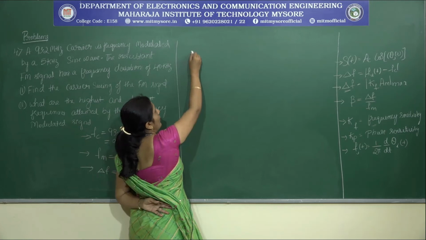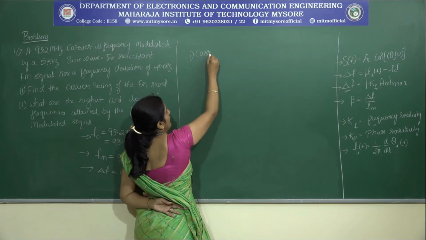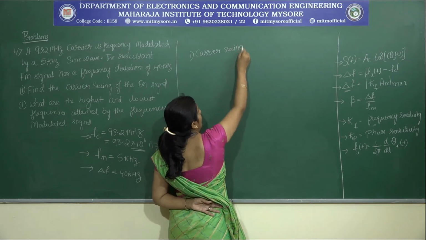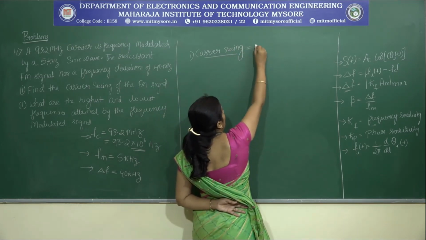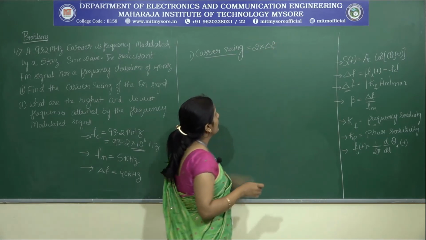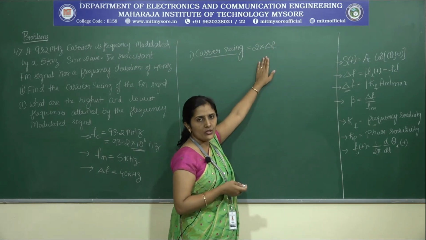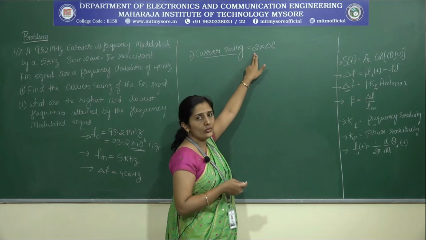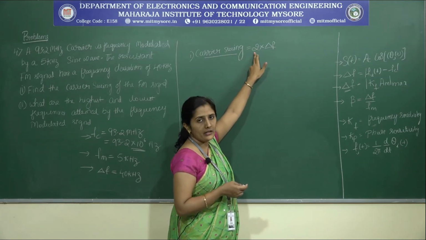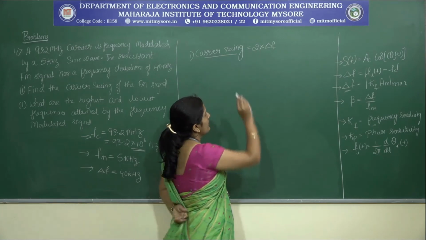So there is a formula for the carrier swing. It is given by 2 into delta F, because here delta F is the frequency deviation of the signal. Why we are going to consider 2 is because of both the positive half cycle and the negative half cycle deviation.